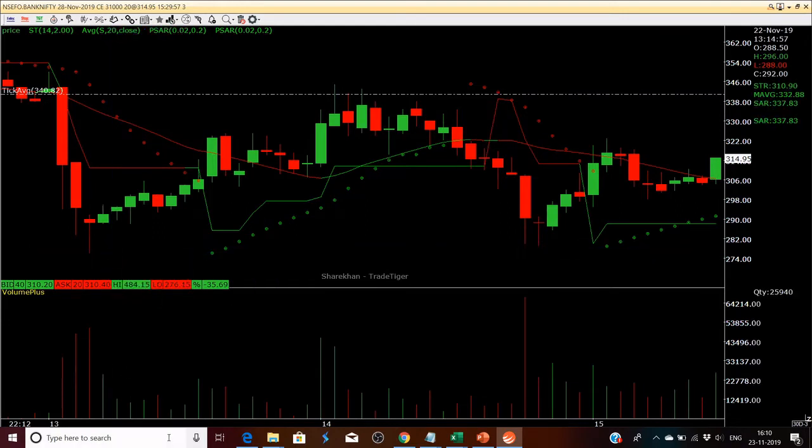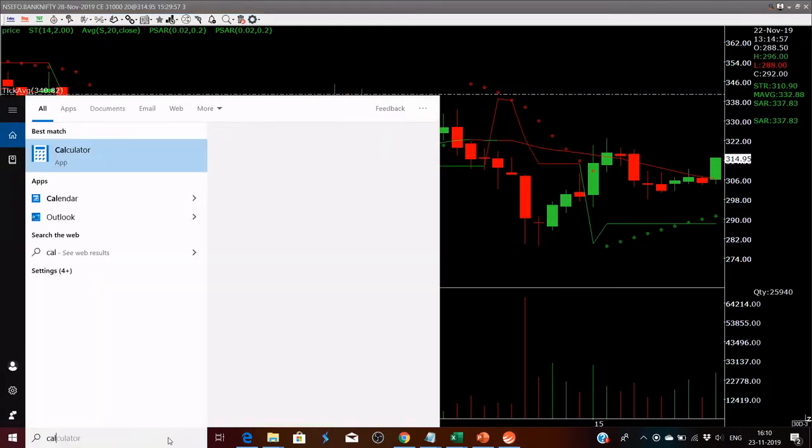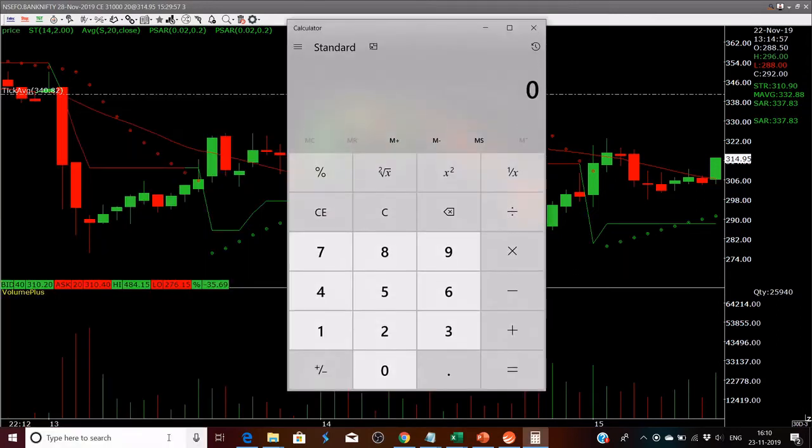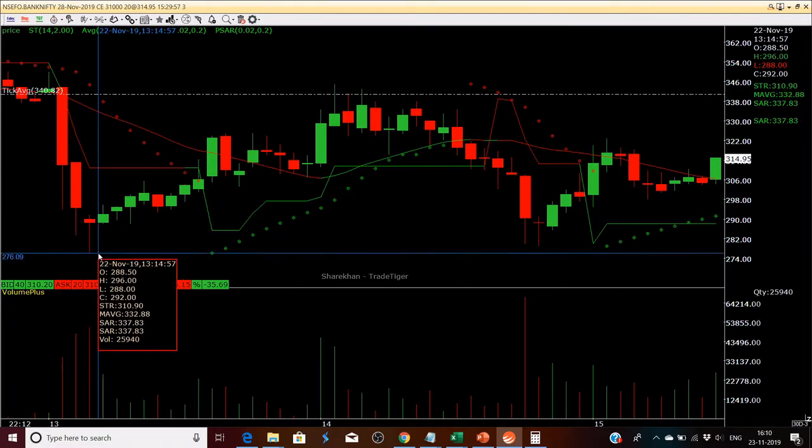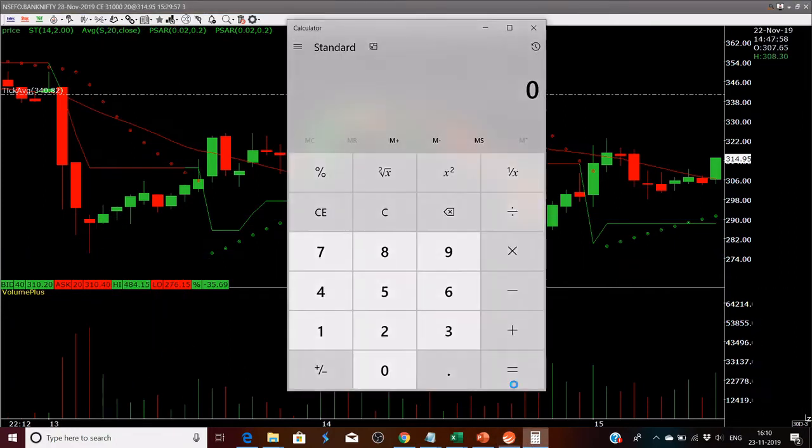So what will be your position size? You can calculate it. This is 290 minus 274, so you have a 16-point stop loss.